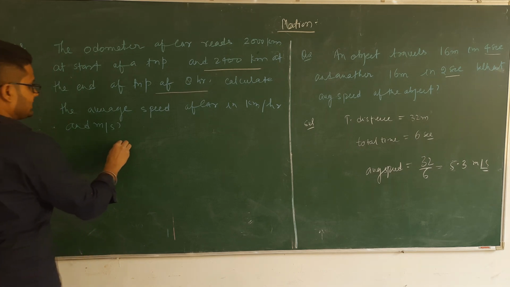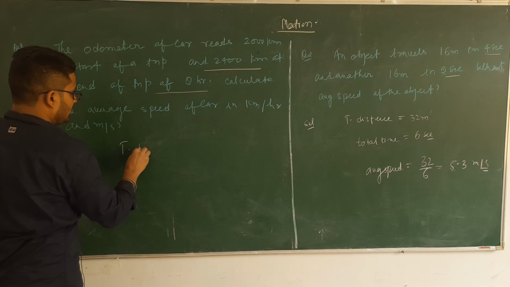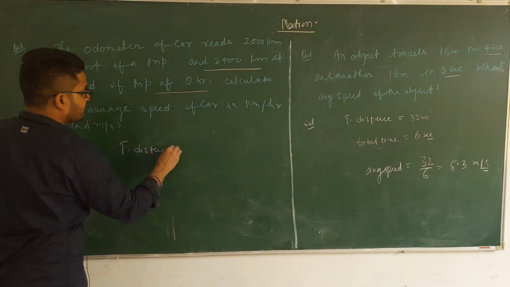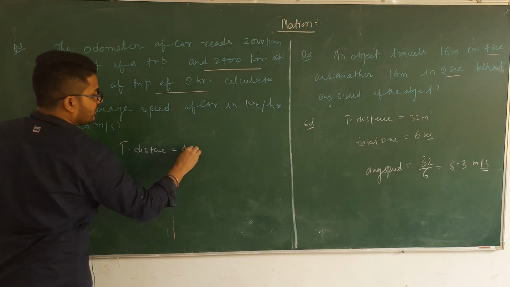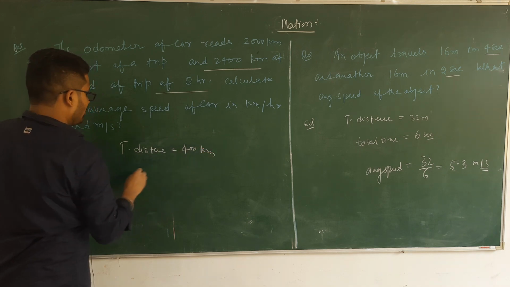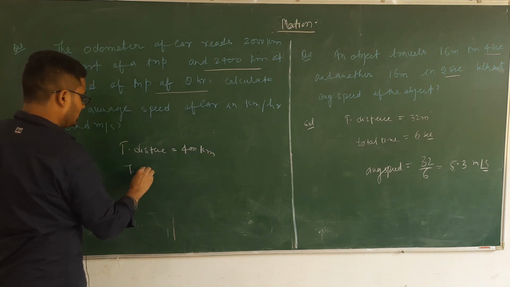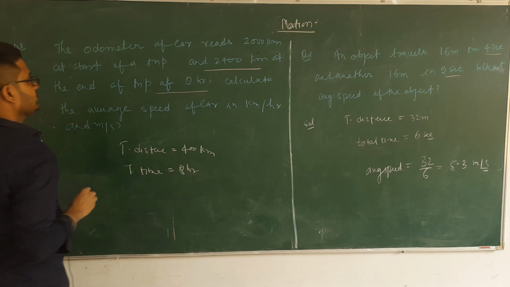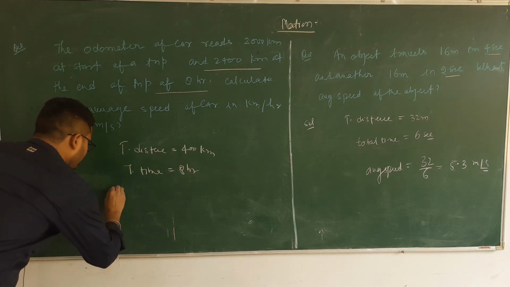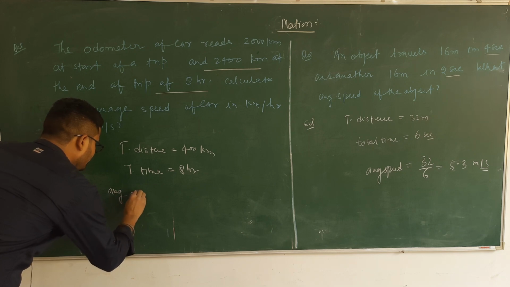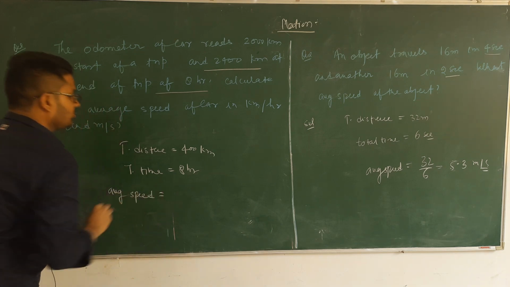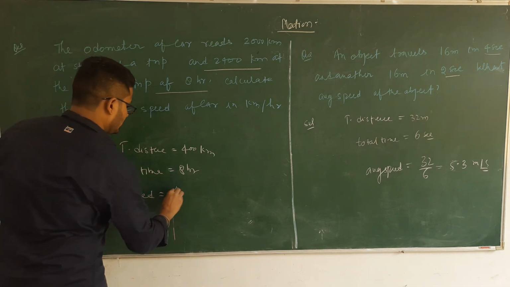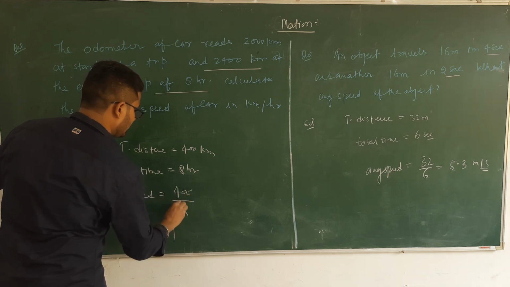So total distance traveled is 400 kilometer, and total time is 8 hour. So average speed is equal to total distance divided by total time.